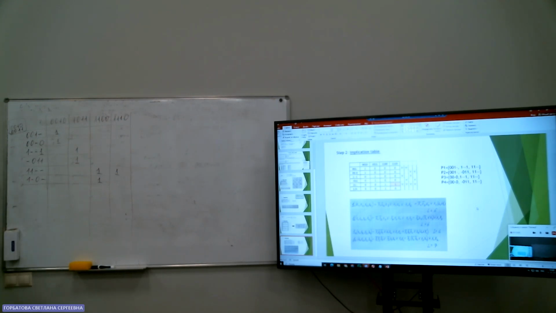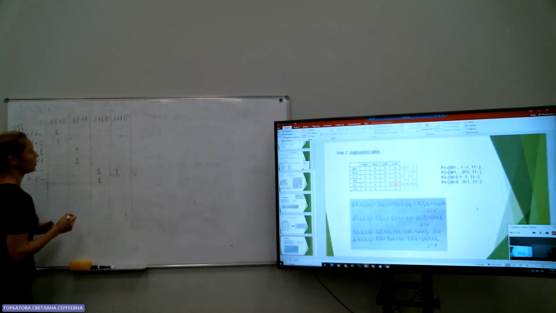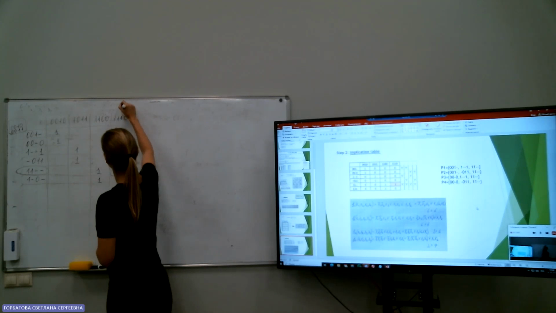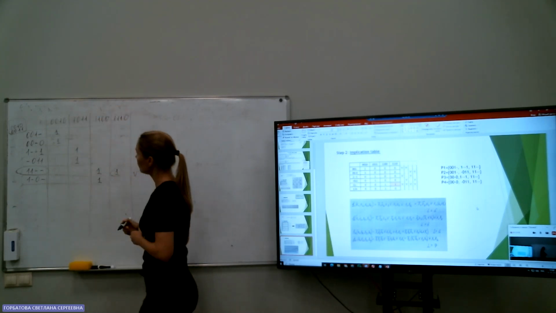And also the task is to find cover for each of column. So basis, it is this row. Yes. So it is necessary to use this interval. And this interval covered this and this column.